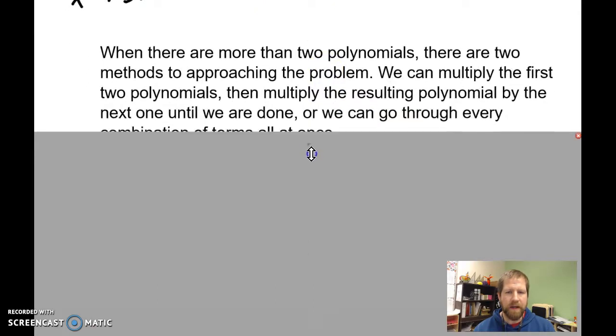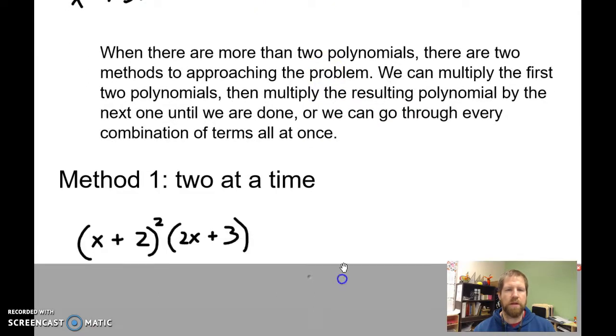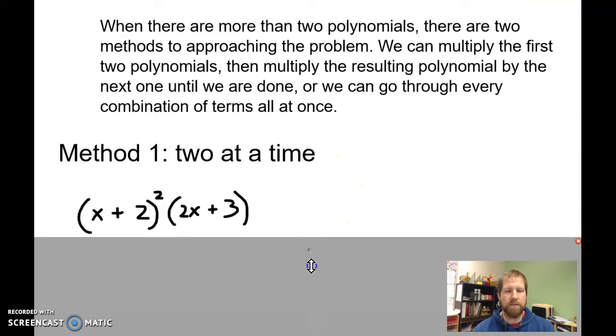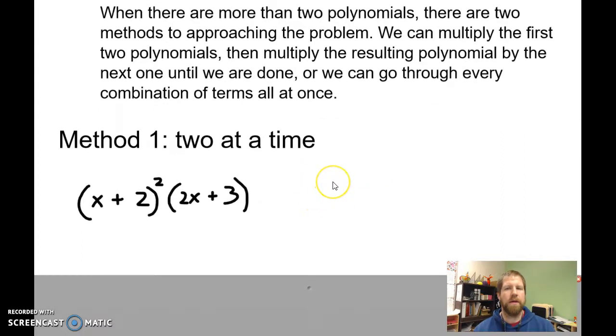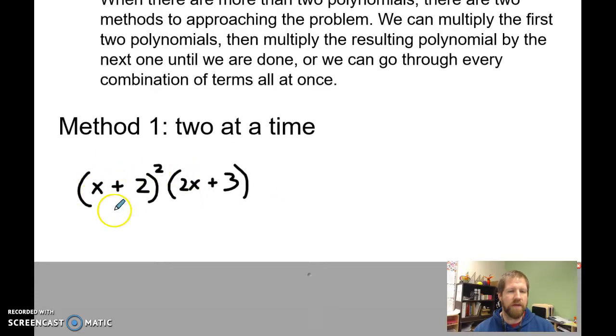Now, when we have more than 2 polynomials, things get trickier, and there are 2 methods, 2 ways to go about this. We can take our time and do 2 of our polynomials at a time. In this case, we've got this binomial, and we're squaring it, and then we're multiplying that by a second binomial.